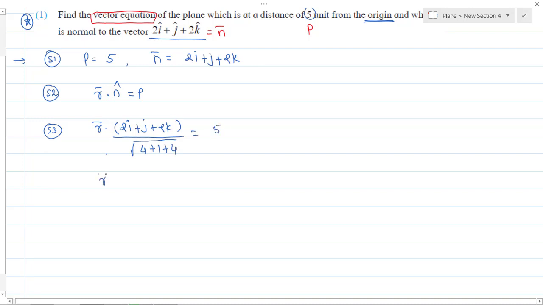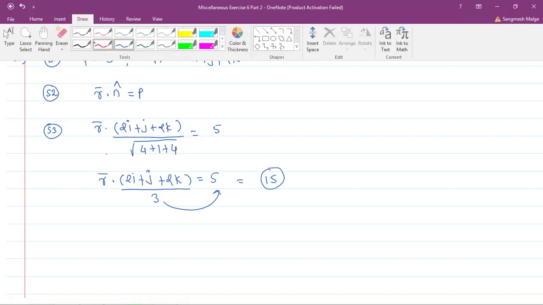Let's simplify this: r bar dot (2i plus j plus 2k) is equal to 5, and in the denominator you have root of 9, which becomes 3. Let's take this 3 to the other side, so it is equal to 15. So the final answer is r bar dot (2i plus j plus 2k) is equal to 15. That's it, this is the answer.